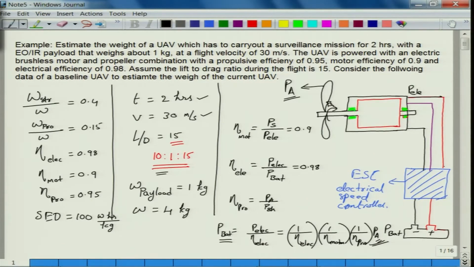Okay. This was the weight of the baseline aircraft. So, this 4 kg includes everything. That was an earlier aircraft we were asked to consider to start estimating the weight of the current UAV.